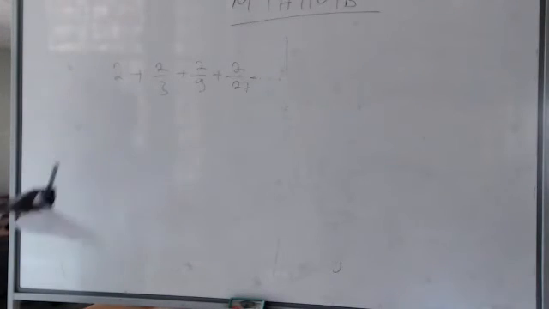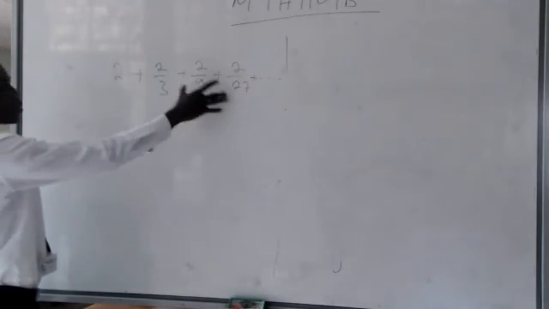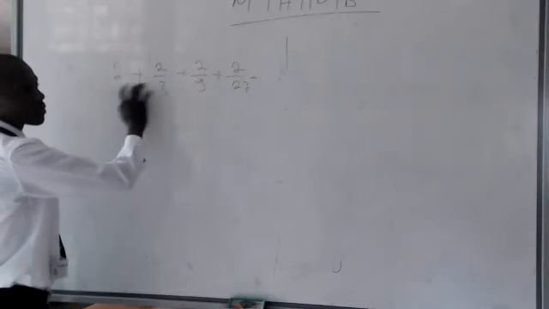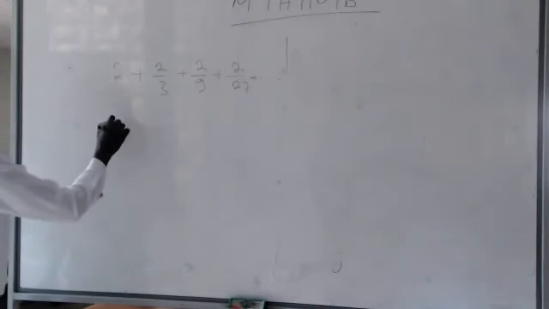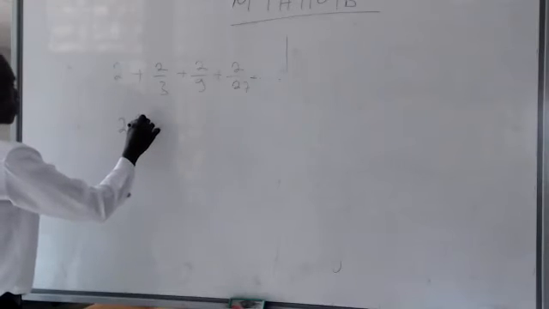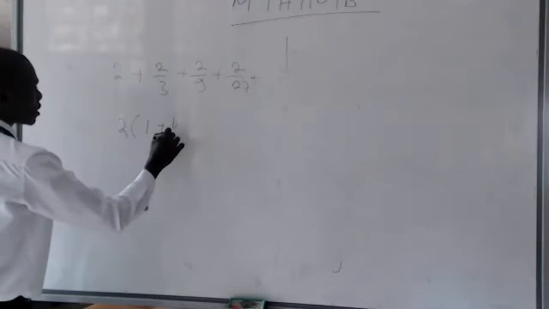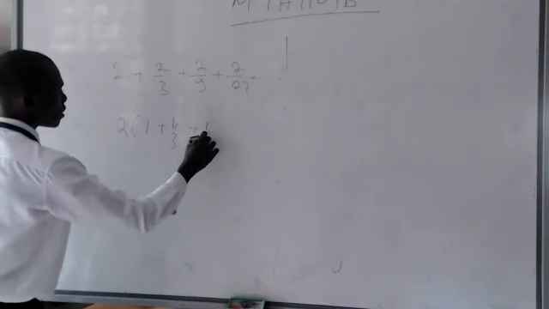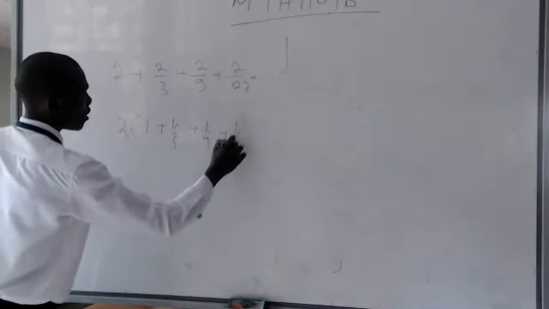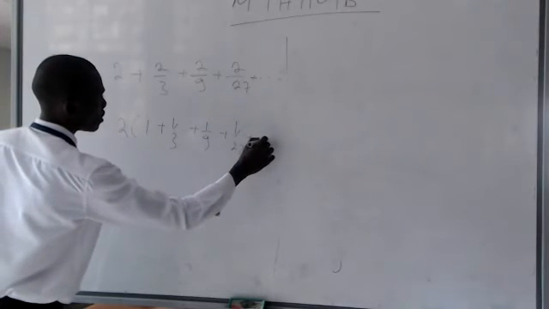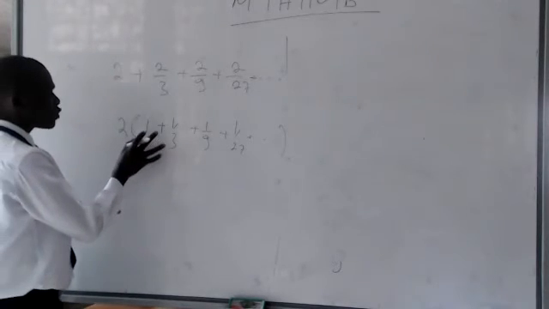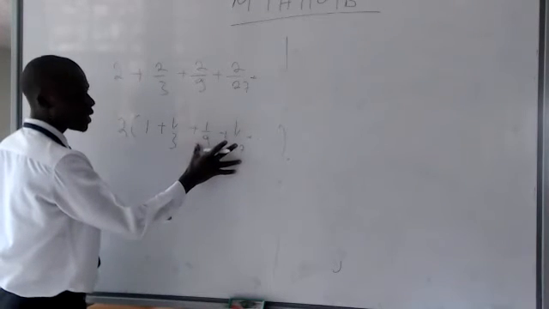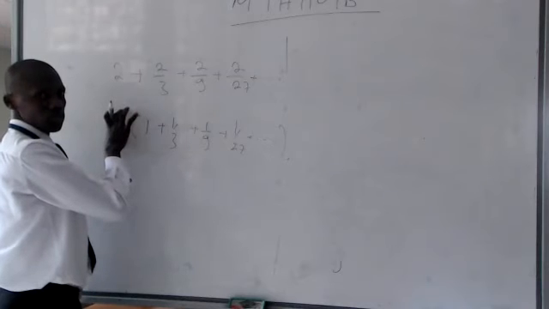You've been told this is a geometric series. First of all, notice that 2 is a common factor. To simplify this problem, you can factor out the 2. So 2 into 1 plus a third plus 1/9 plus 1/27. Now, to find the sum of these terms, I just need to find the sum of what is inside the bracket, then I'll multiply by 2.